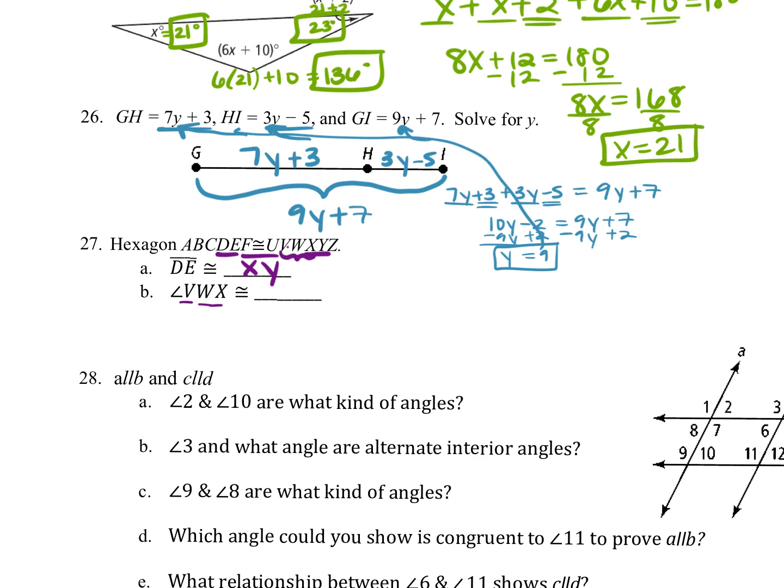VWX is this angle. So really what they're saying is it's that middle letter, right? This is the vertex. So you could technically just say it is angle C, or you could say BCD, or you could say DCB. As long as the C is the angle you're talking about, then that's what would be congruent.